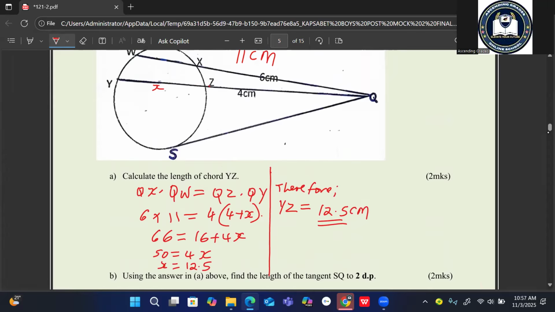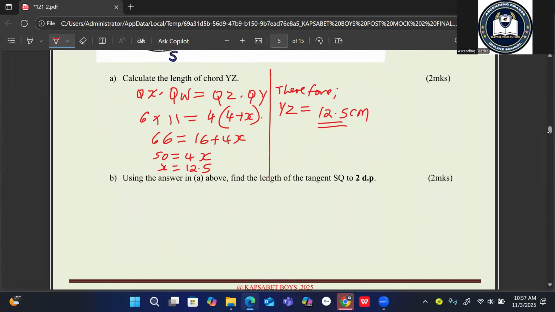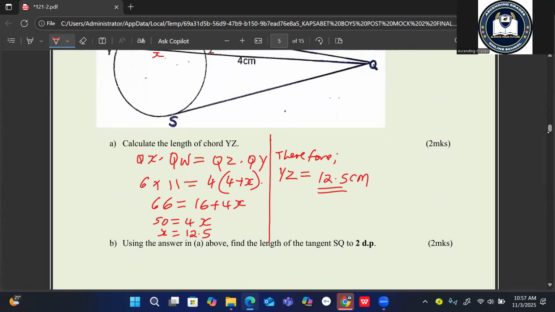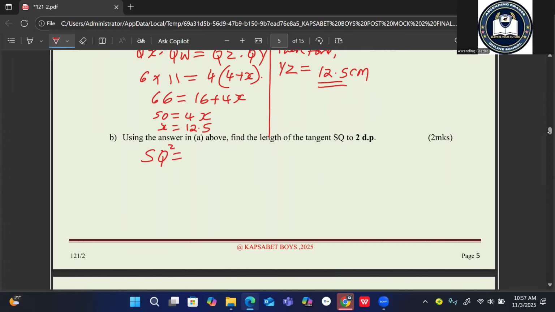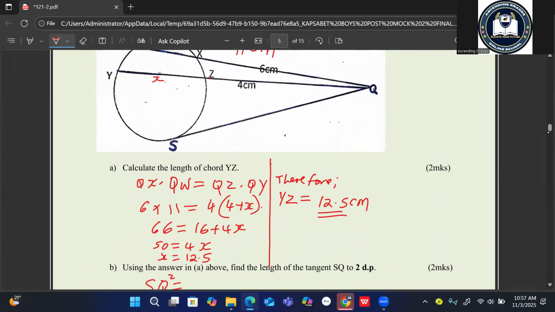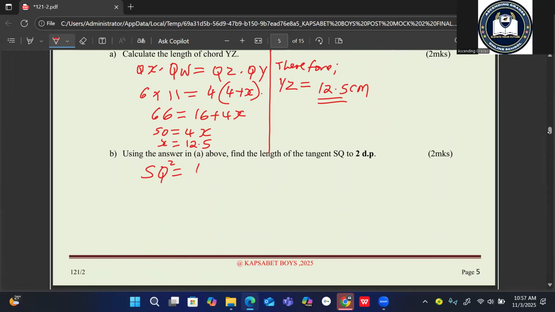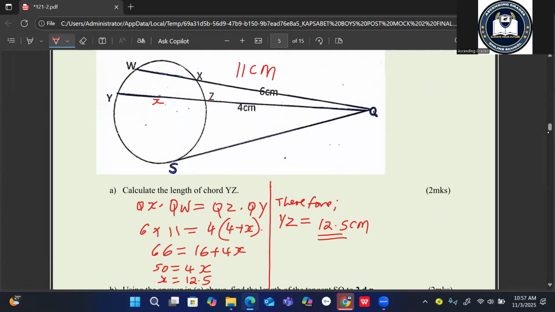That was 2 marks. So using the answer in A above, find the length of tangent SQ correct to 2 decimal places. So we have to be aware that SQ squared should be equal to Qz multiplied by the full one, that is Qy.